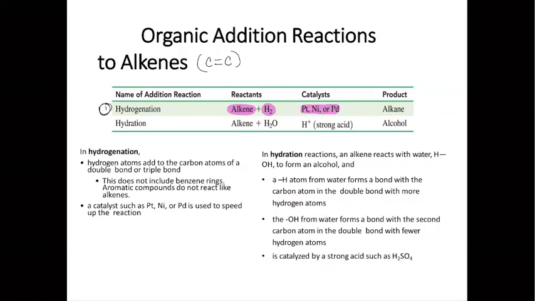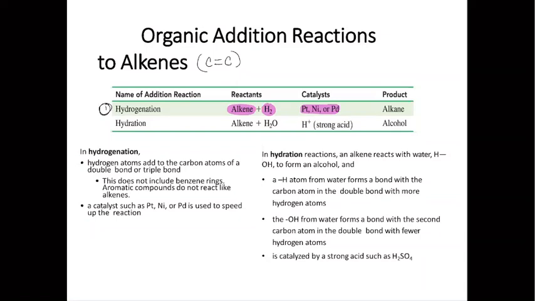So the reactants are going to be an alkene, that molecular hydrogen, and any of these three catalysts, which you can see is platinum, nickel, or palladium. So the product of this reaction is an alkane.